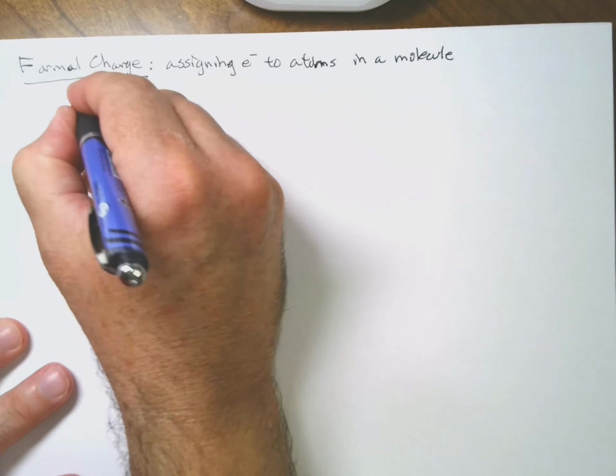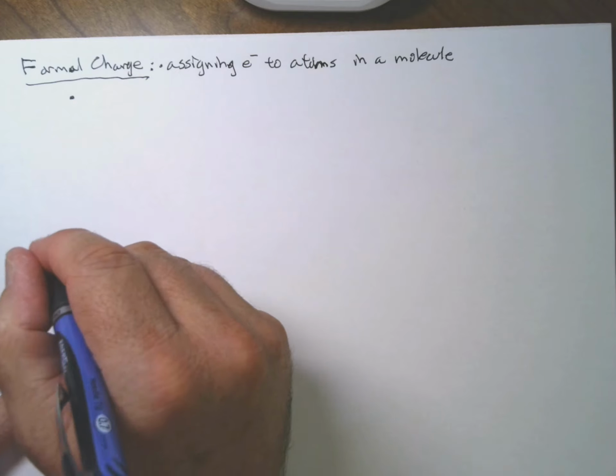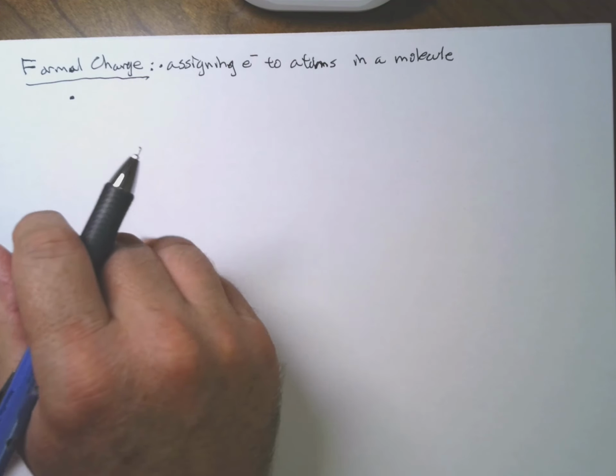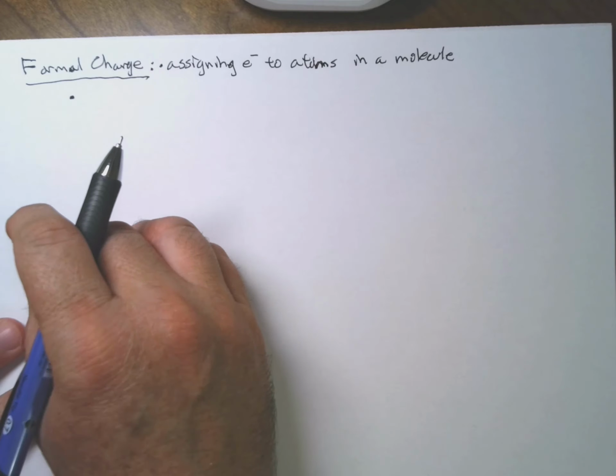And we can also define it as the difference between the number of valence electrons on the free atom and the number of valence electrons that we assign to it.